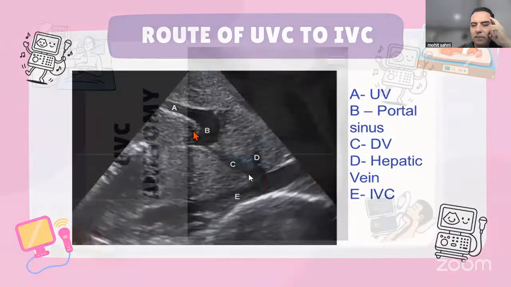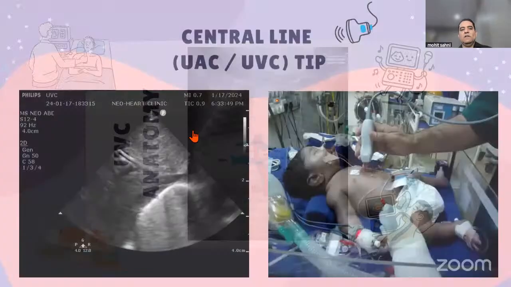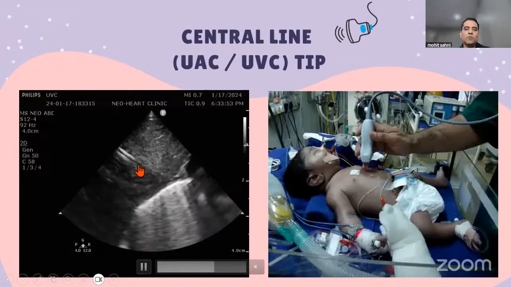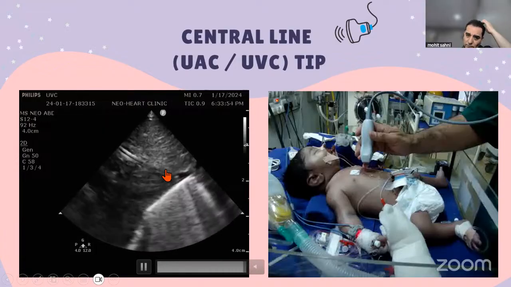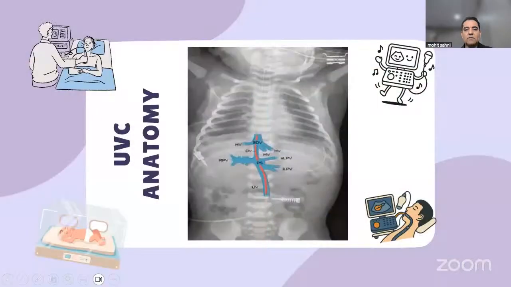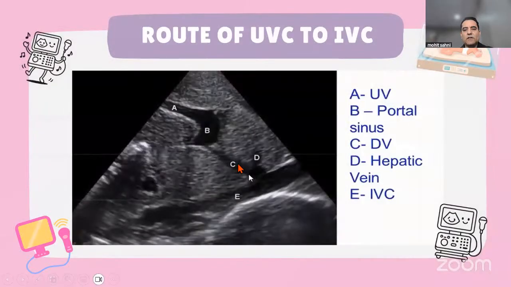So the tip of the UVC, when you see in this, is somewhere here, in the portal sinus or the ductus venosus. It is crossed to here, so it is ending somewhere here, either in the portal sinus or the ductus venosus.